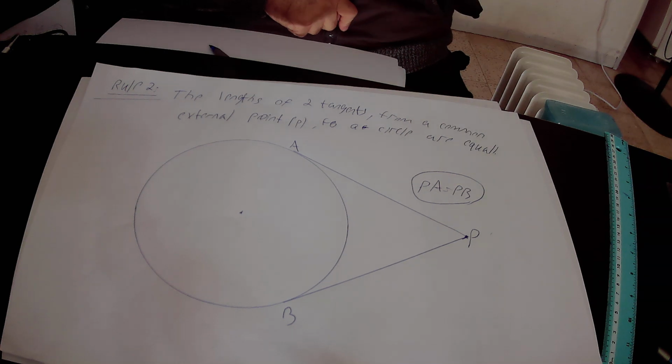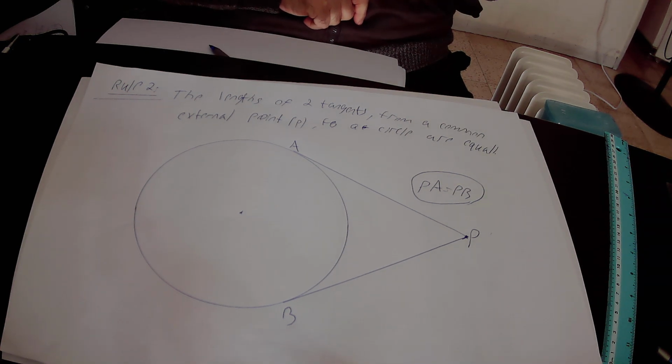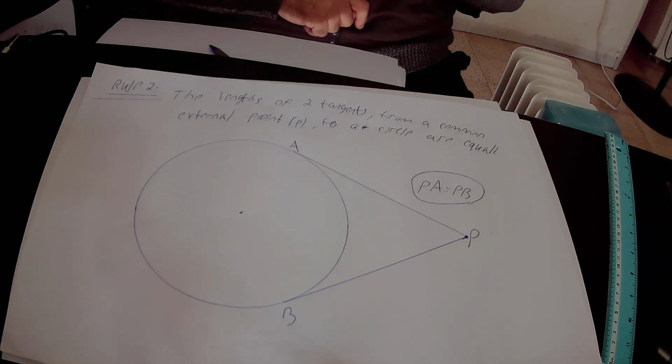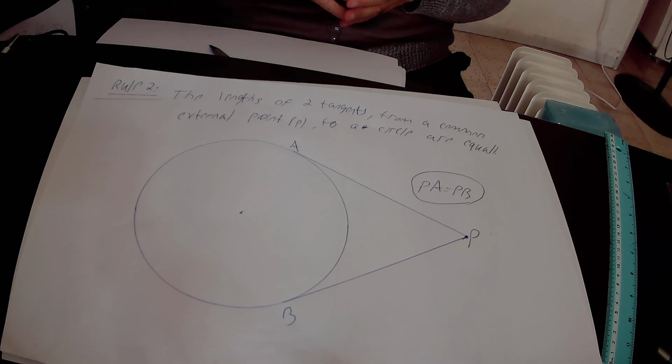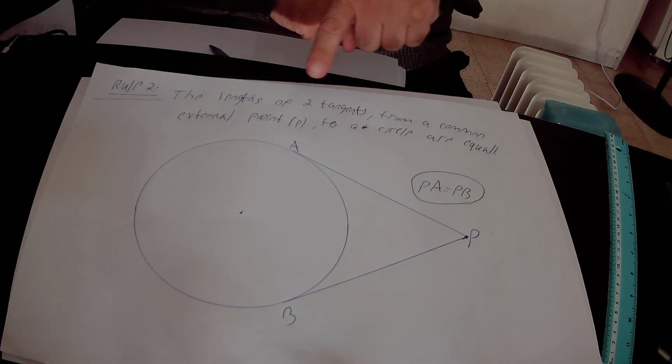We have the common external point P. From the common external point P, we have two tangents to this circle, tangent PA and tangent PB. According to this rule number 2, whenever you draw two tangents to a circle from a common external point, then the lengths of those two tangents will be equal to each other. In this case, PA equals PB.